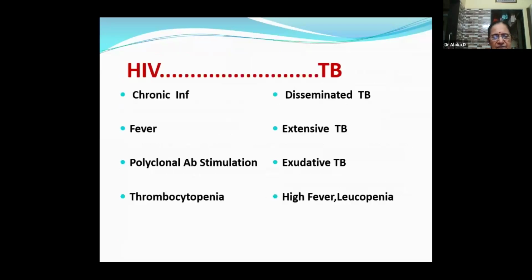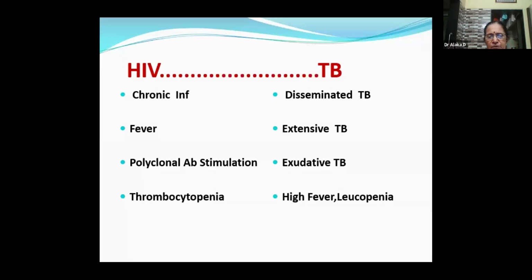HIV is a chronic infection, causes chronic fever. In the early stages, there is polyclonal antibody stimulation. Although it is a disease of immune deficiency, in the beginning there is polyclonal antibody stimulation. The immune deficiency is cell-mediated, but initially IgG antibodies are stimulated, and these antibodies cause thrombocytopenia.